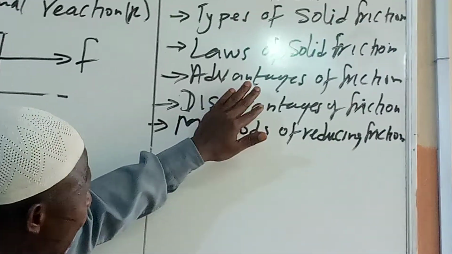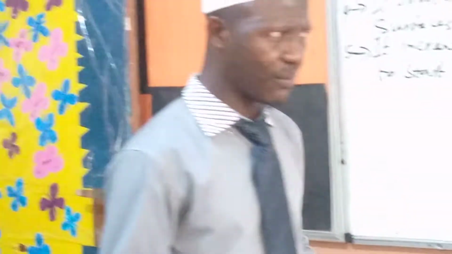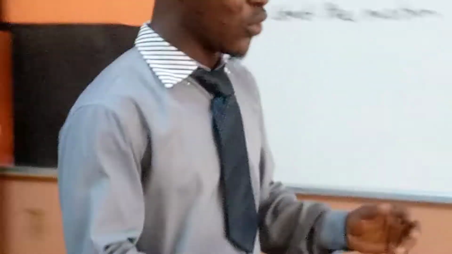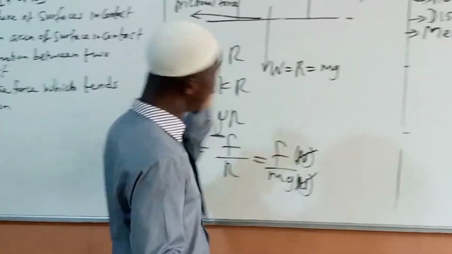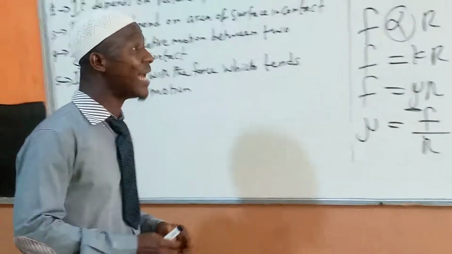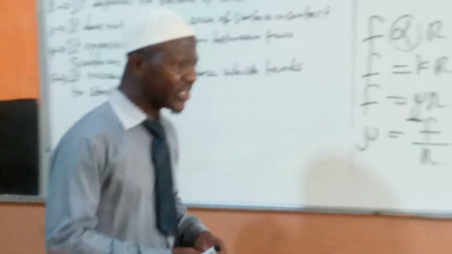But this so-called friction, that we say it has what? Advantage. It has disadvantage as well. So what are the disadvantages of friction? For instance, if you look at the heel of the shoe after using it for some time, you see that it wears out. So therefore, friction causes wear and tear. Look at our grinder.